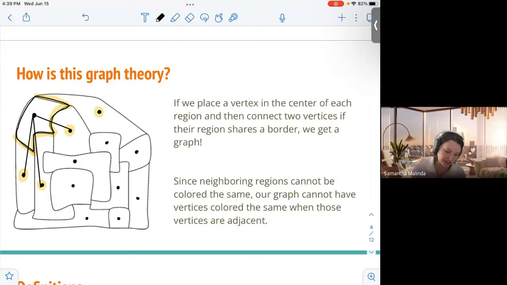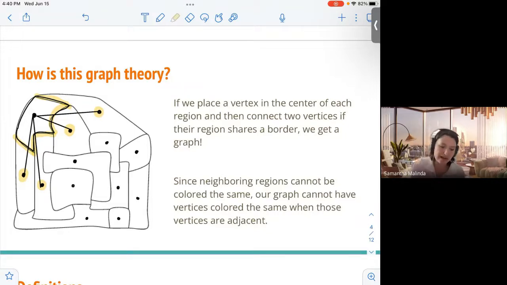So the edges here show connections that cannot be the same color. And that slowly turns into a graph if you do that with every single vertex or every single region. Again, since neighboring regions cannot be colored the same, our graph cannot have vertices colored the same when those are adjacent, meaning they're connected with an edge.